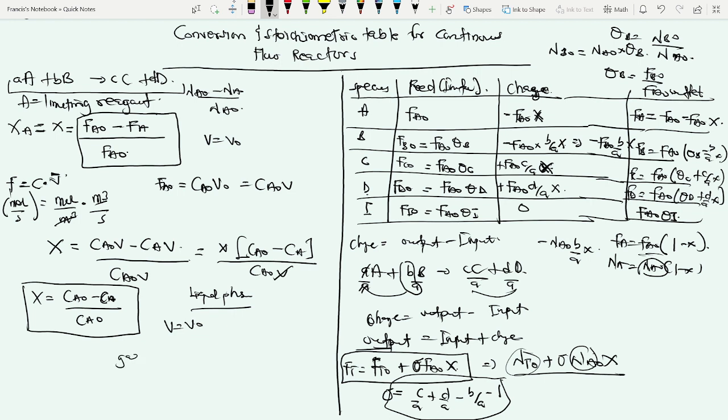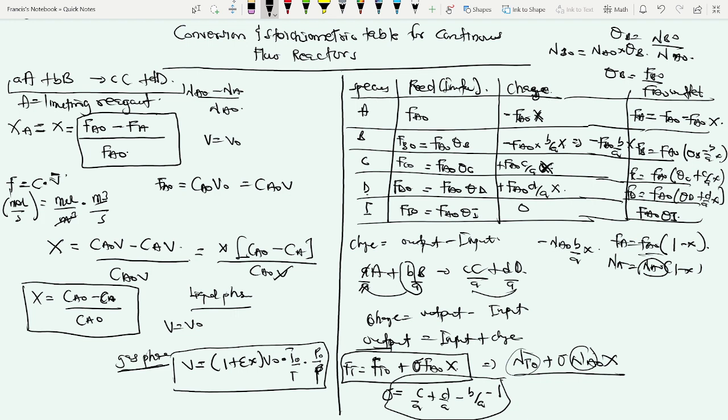And for gas phase reactions, we establish the fact that V is equal to 1 plus epsilon x times V naught. So we'll be able to establish that this is actually the general expression, times T naught over T multiplying P naught over P. And we said that for isothermal, so this is actually the general expression for gas phase reactions or reactions where the volume is not constant.